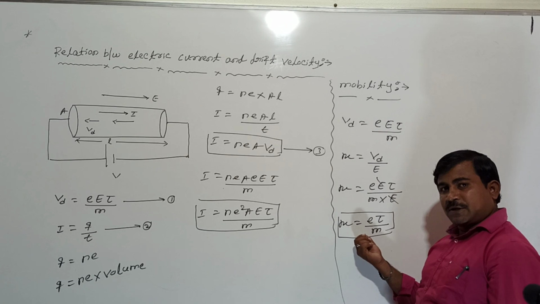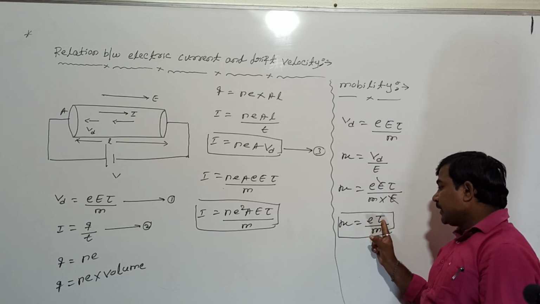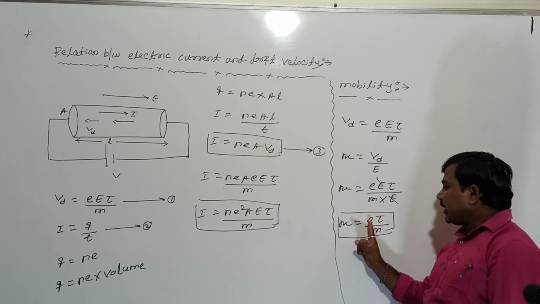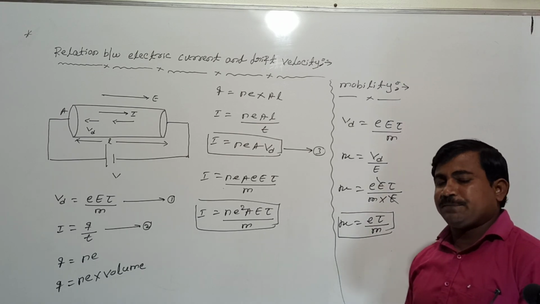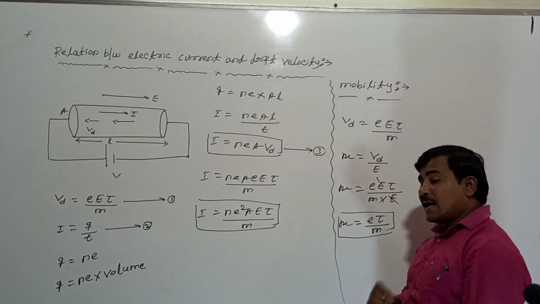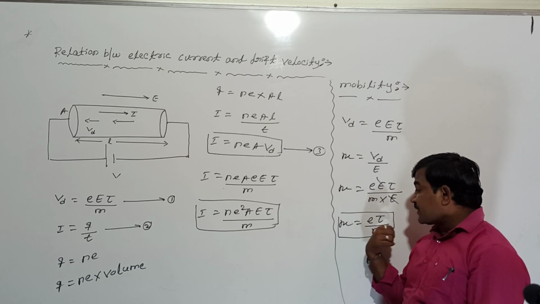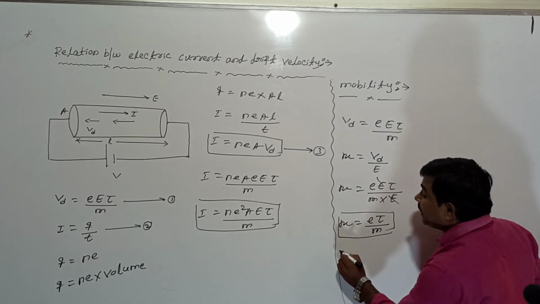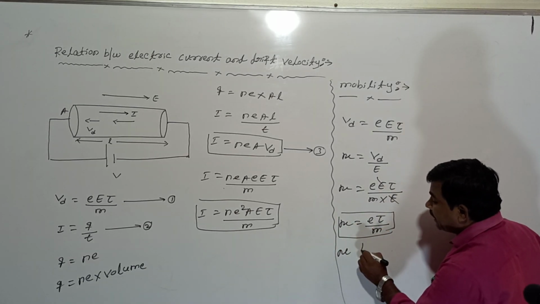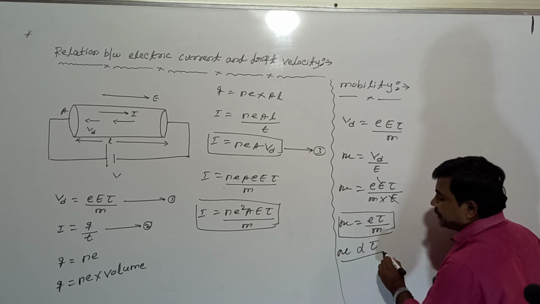Look at this expression, mobility is small e tau by m. Small e is the charge of the electron, a constant, and capital M is the mass of the electron, also constant. Then what is the variable here? The mobility of the free electron in a metallic conductor is directly proportional to relaxation time.